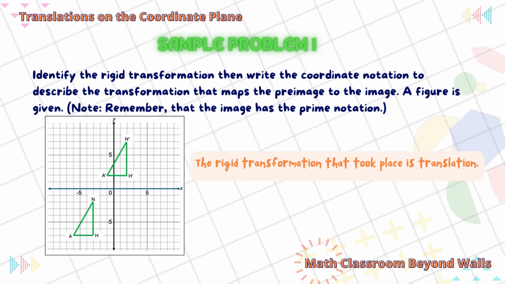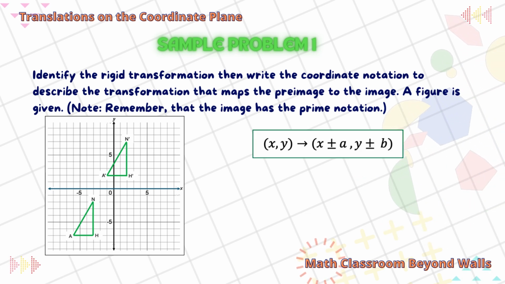Now we move on to determine the coordinate notation that describes the transformation that maps the preimage to the image. Since we now know that translation occurred, we use the form for the coordinate notation for translation, which is x, y is mapped to x plus or minus a, y plus or minus b.